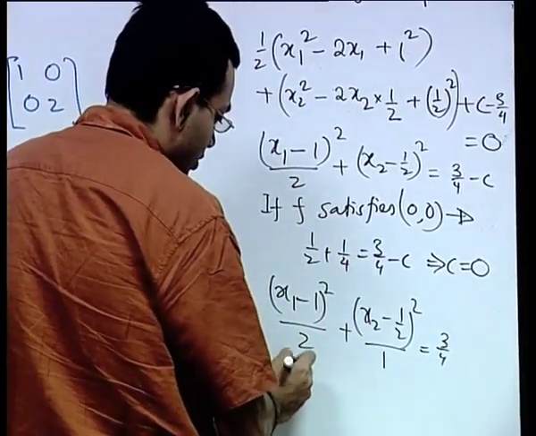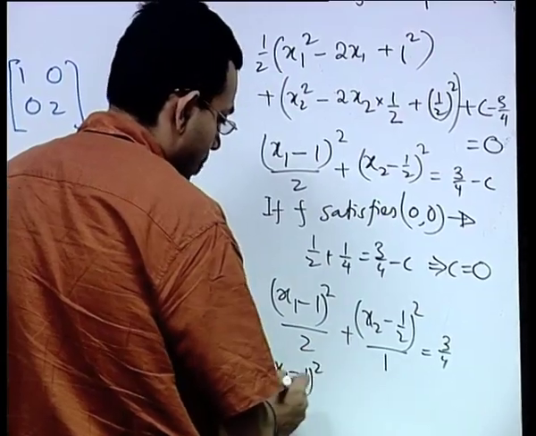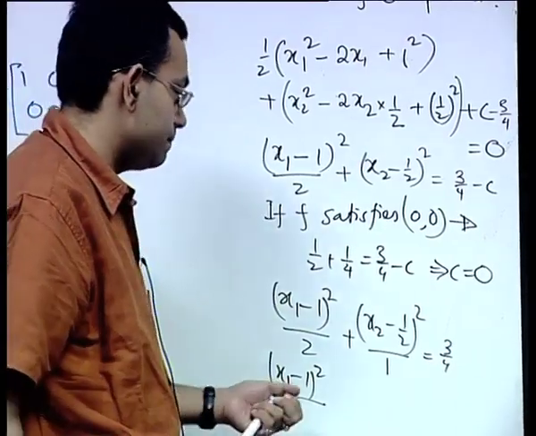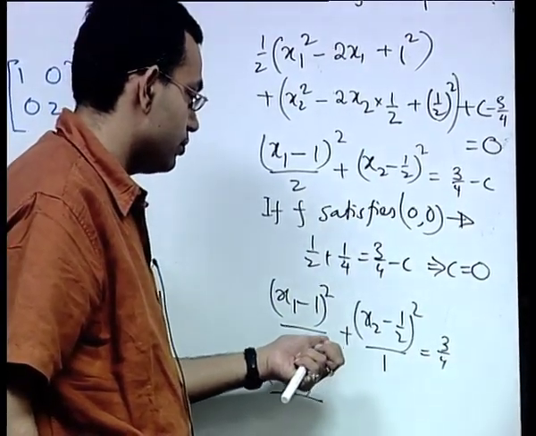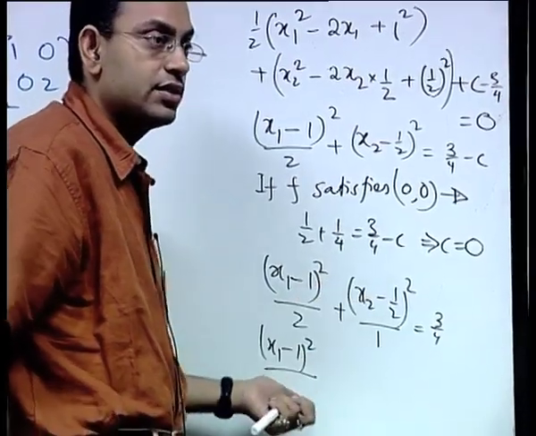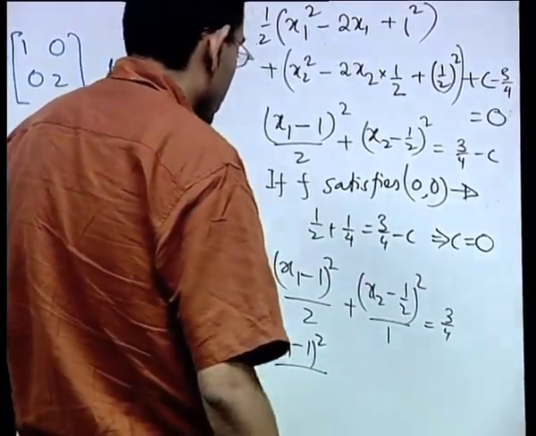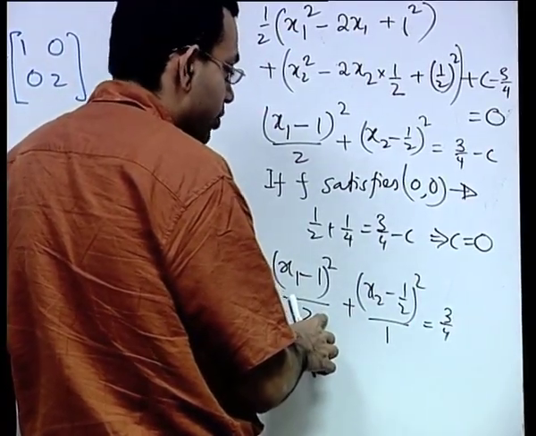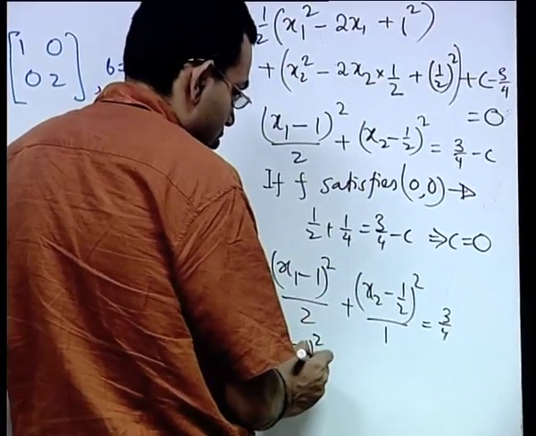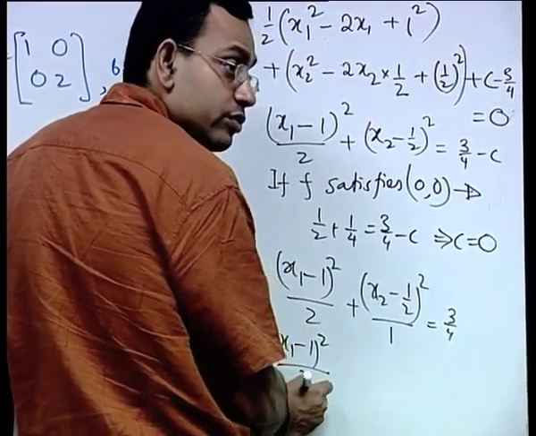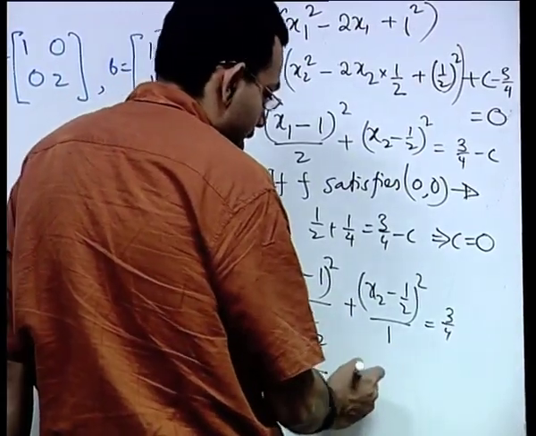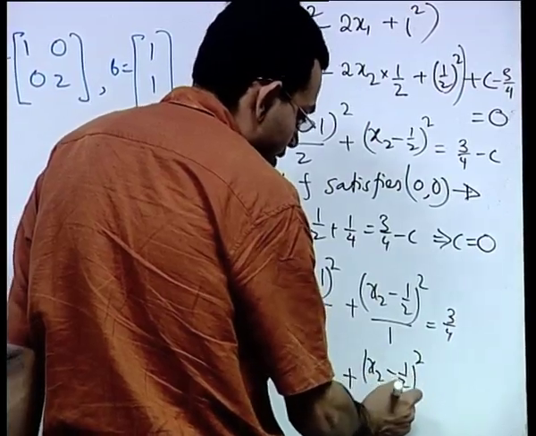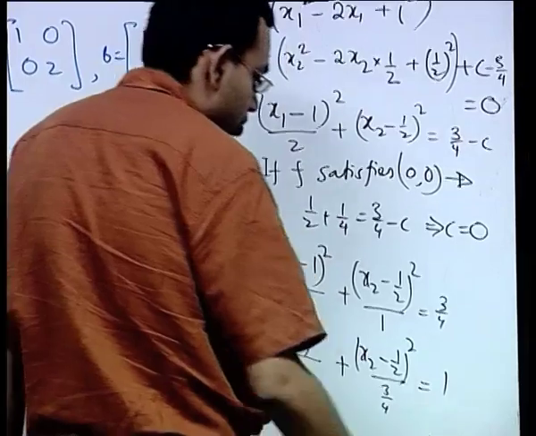So, x1 minus 1 whole square, if you multiply both the sides by 4 by 3, here it becomes 2 into 3 by 4. So, 3 by 2 plus x2 minus half whole square by 3 by 4 is equal to 1.